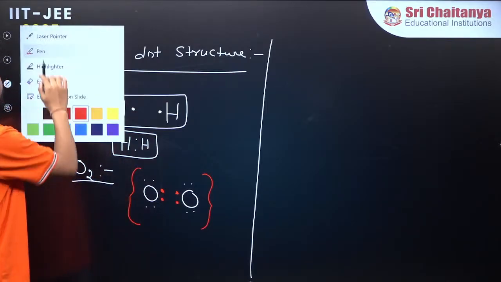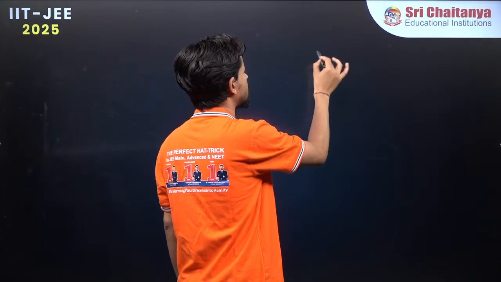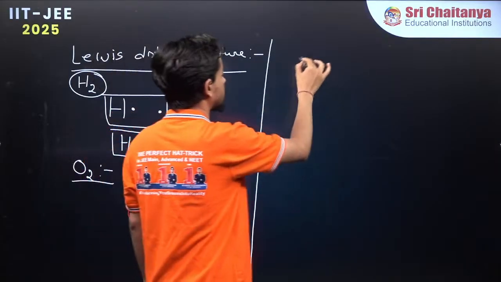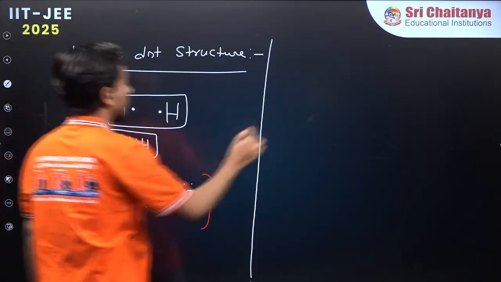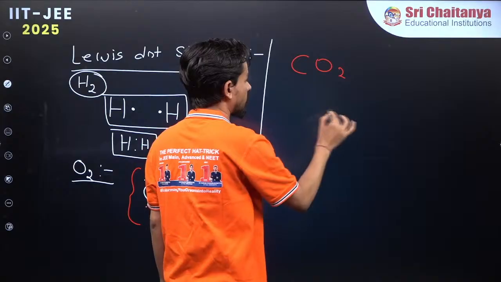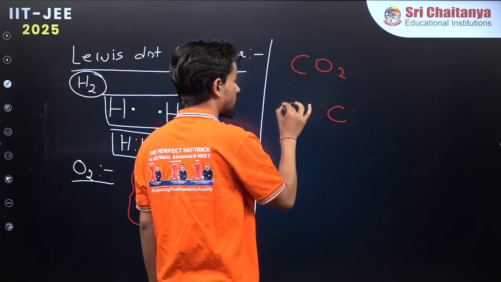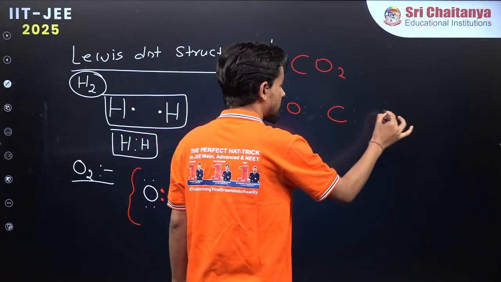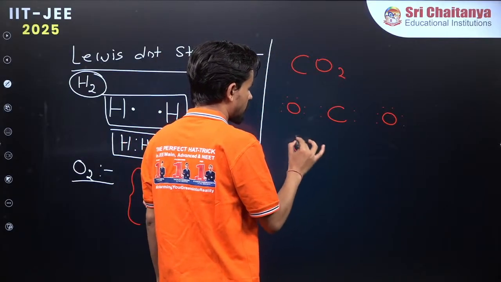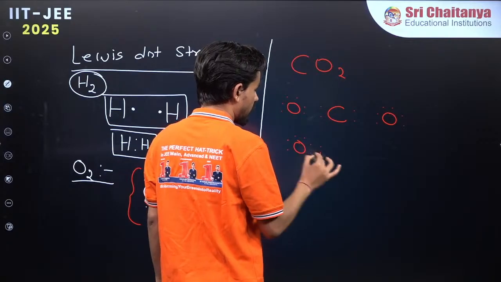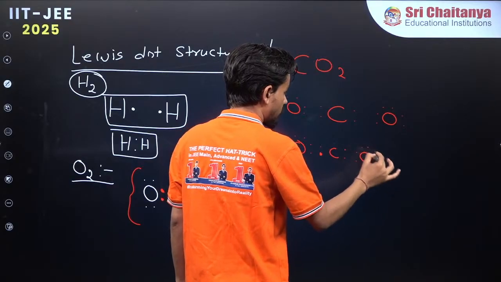Apart from that, let us move to CO2. Carbon 1 2 3 4, oxygen 1 2 3 4 5 6, oxygen 1 2 3 4 5 6. So I think these are shared. Oxygen 1 2 3 4 5 6 7 8, carbon, oxygen 1 2 3 4 5 6.